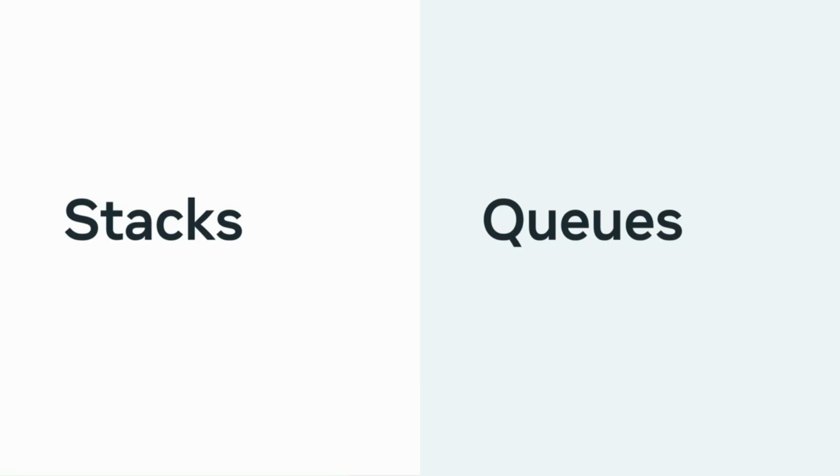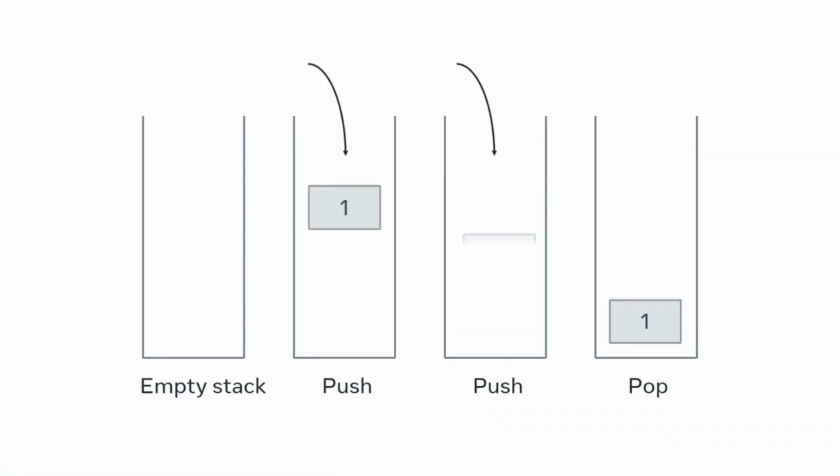The unique principles that are common to both are how elements are added and removed. You learned that stacks and queues employ sequential access and use the empty stack, push, and pop methods to move and/or add and remove items. You also learned about the FILO first in, last out, and FIFO first in, first out principles.